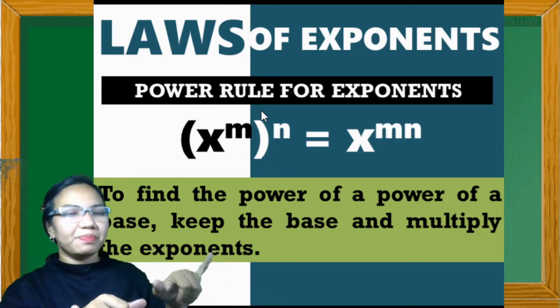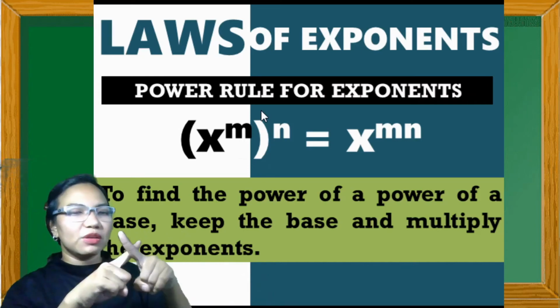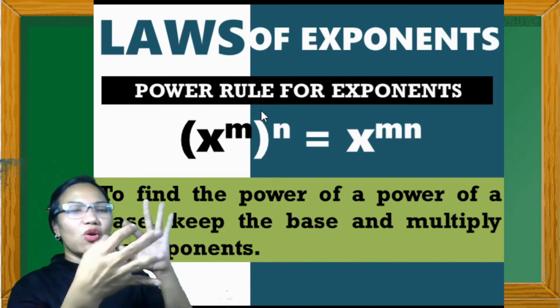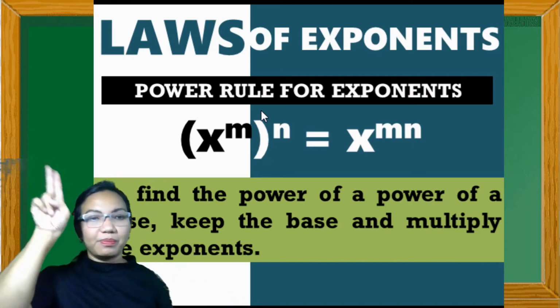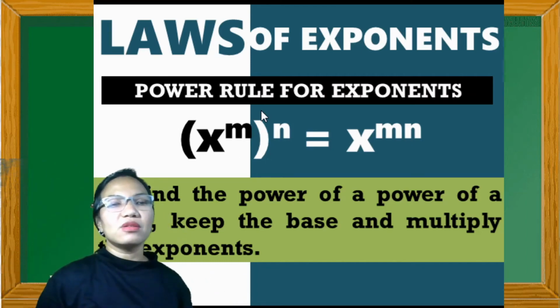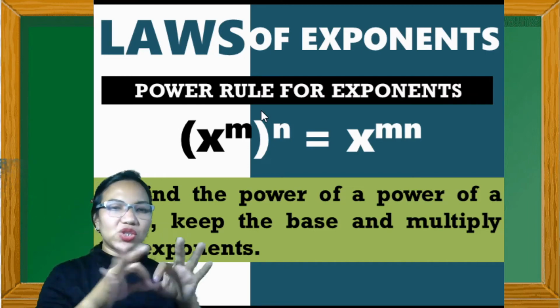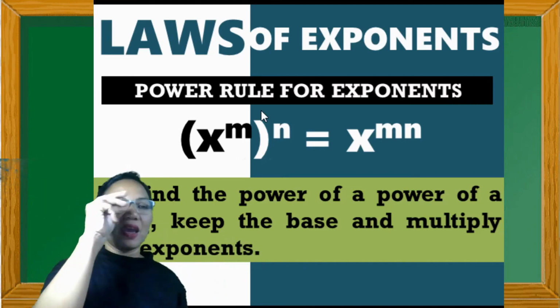Stay and keep the base and then multiply the exponents, as you have seen in the symbol of the exponent upward. The resulting expression here is x^(mn).